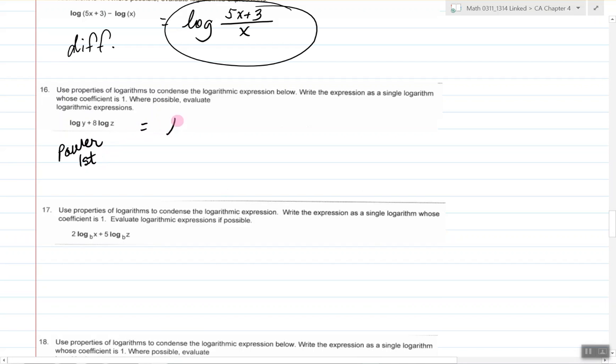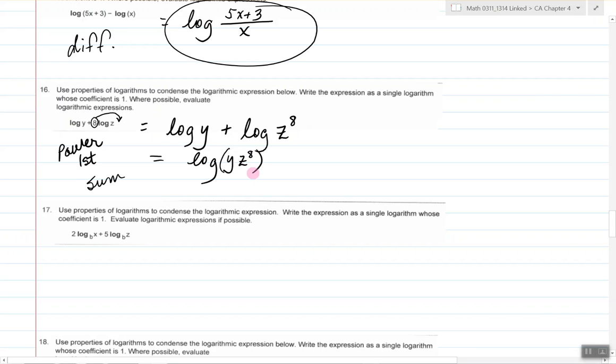So this will be the log of y plus this 8 is going to retake its role as an exponent, log of z to the 8th power. Now I see it as a sum, so I can condense further. This is a single logarithm. It's a common log. Because it's plus, I will write this as y z to the 8th. And it's pretty common to put that in parentheses.